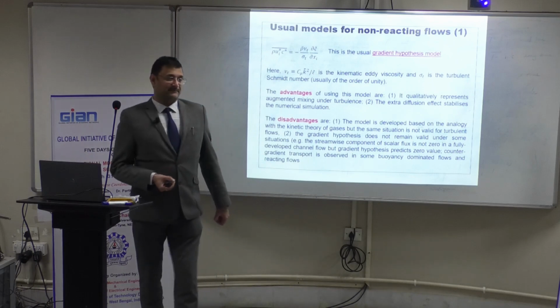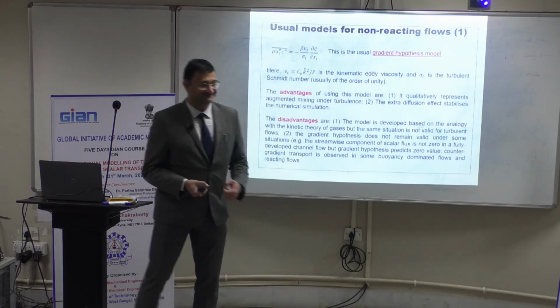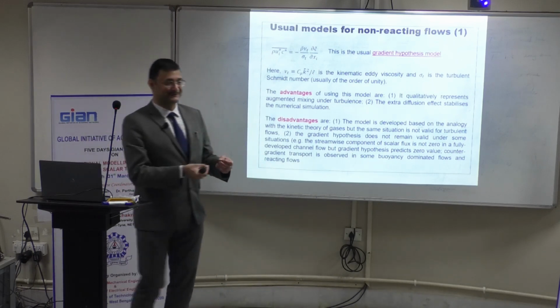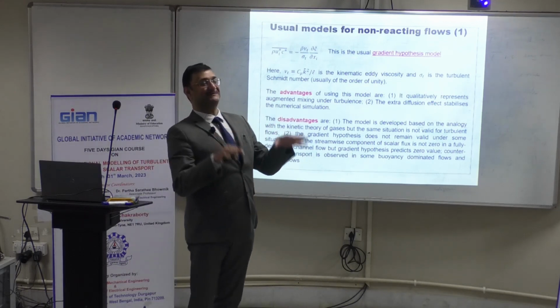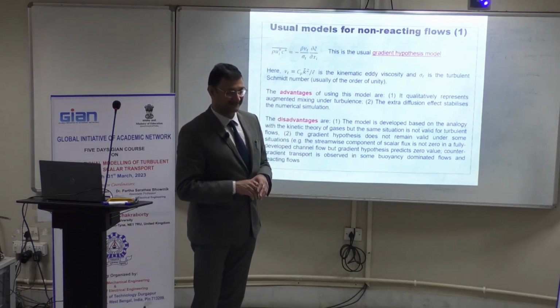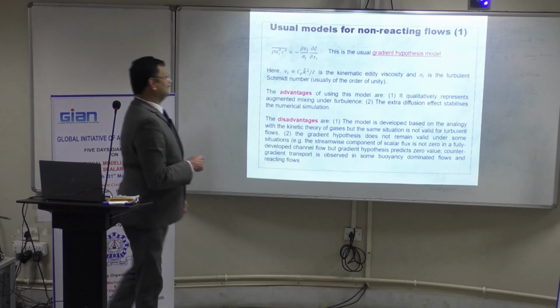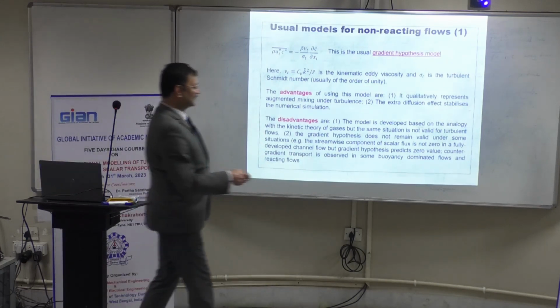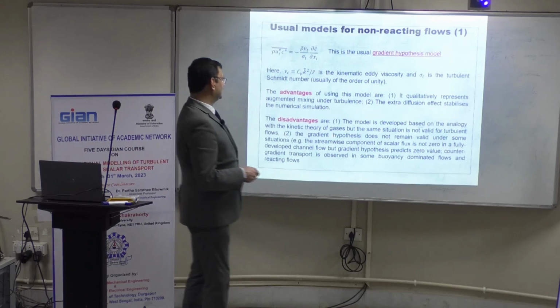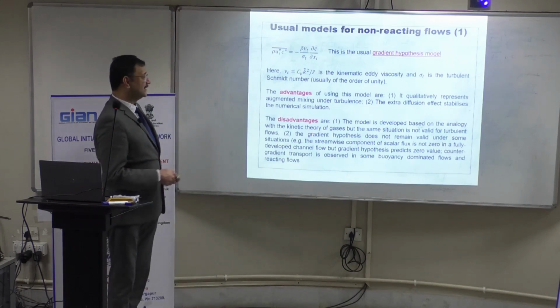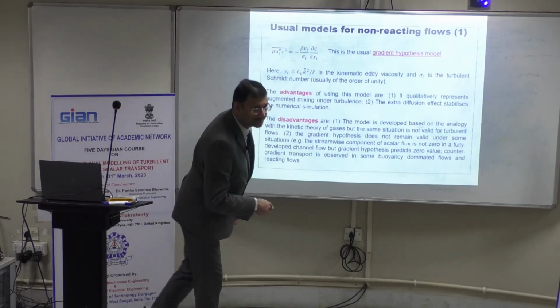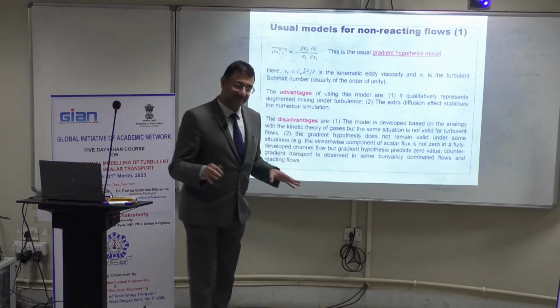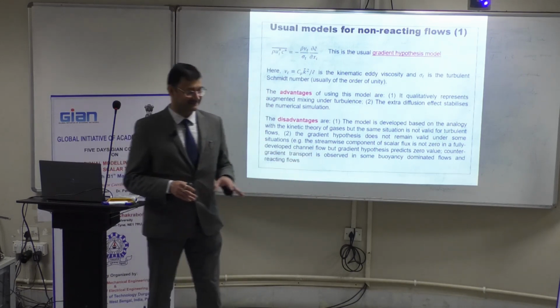It has some extra advantages: if you have more diffusion in your code, it stabilizes the numerical aspects as well. The disadvantage is that it is based on the analogy of kinetic theory of gases, and the same situation is not valid for turbulent flows, which we talked about a lot yesterday.